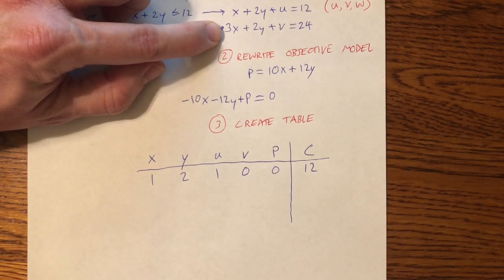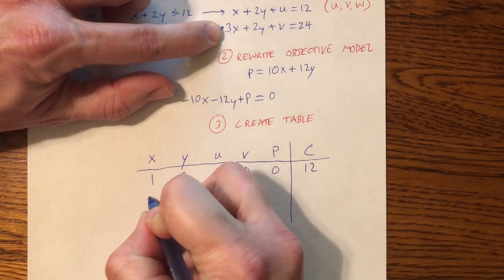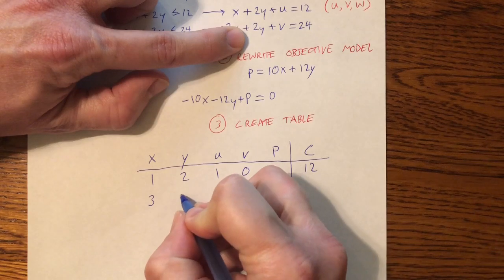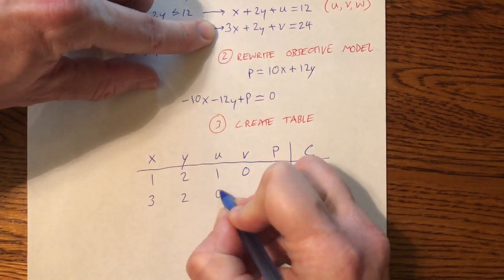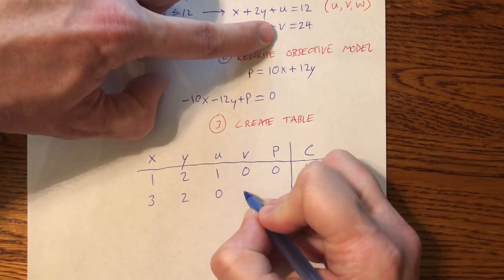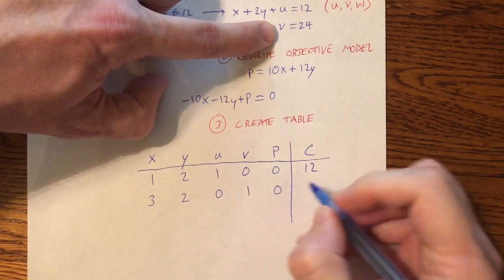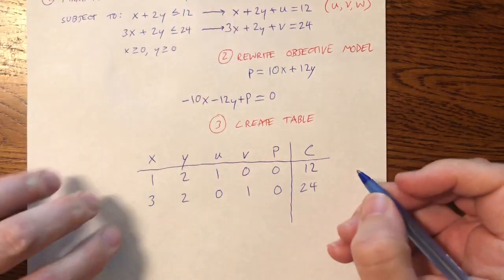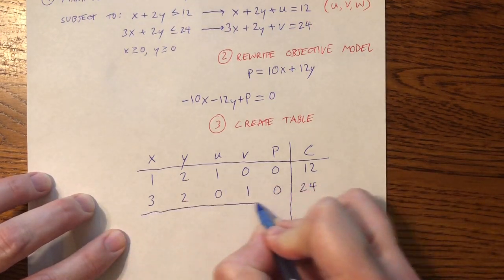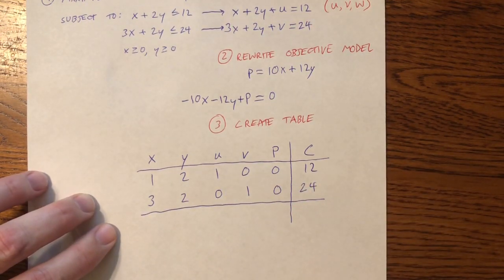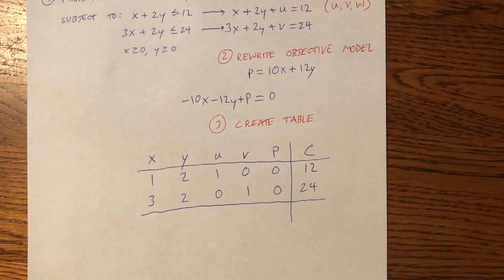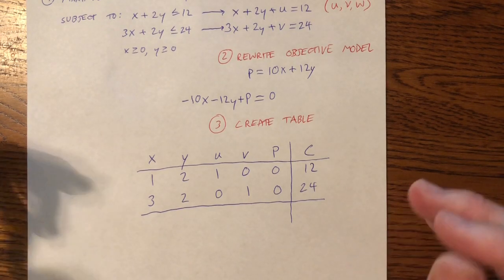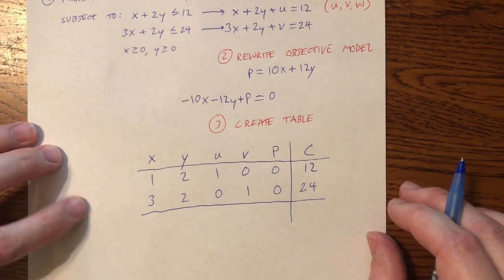Okay, with that being said, the second equation would generate what? 3, and then 2, and then note there's no u here, so you put a 0. There is a v, so 1v, no p, and then 24 is your constant. Then you're going to put another horizontal bar, and this final row is going to ultimately give us what will be our maximum value, okay?